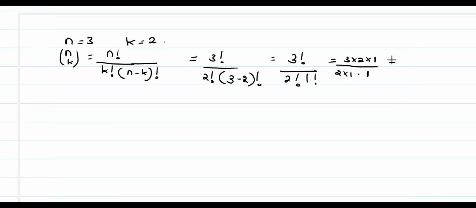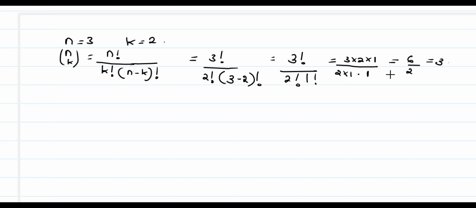Which becomes 3 by 2 by 1, which is 6, divided by 2 by 1, which is 2, and then the answer becomes 3. So I can choose 2 fruits from the total number of fruits, which is 3, in 3 different ways.